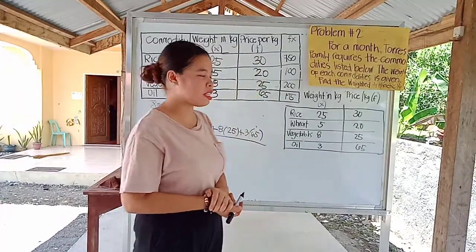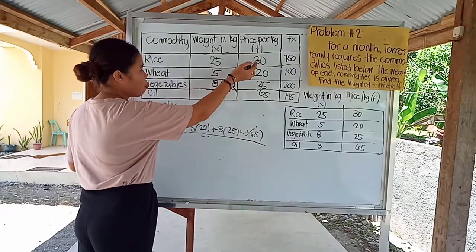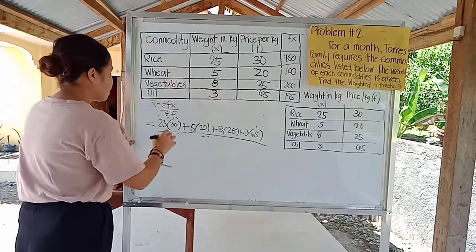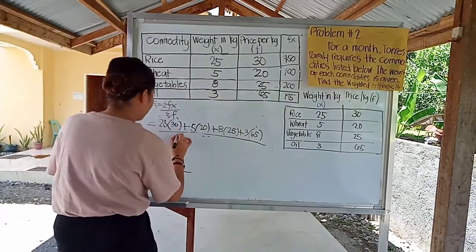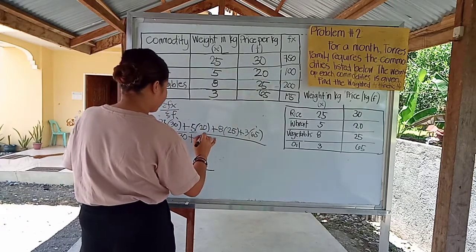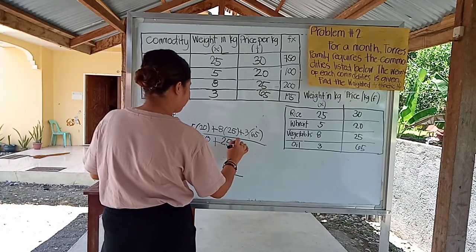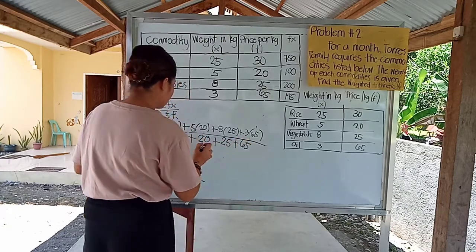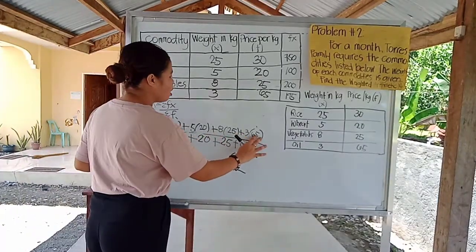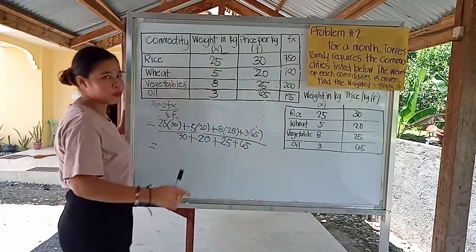Our next step is we are going to copy all the F, which in this item is our price per kilogram. So the price of rice is 30 plus the price of wheat is 20 plus the price of vegetables is 25 and the price of oil is 65. So the next is we are going to multiply all the numerators, our weight in kilograms and price per kilogram.